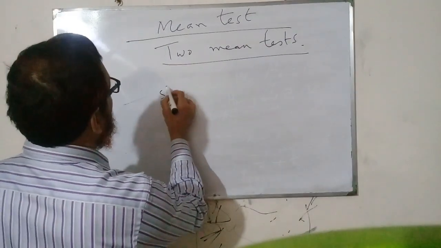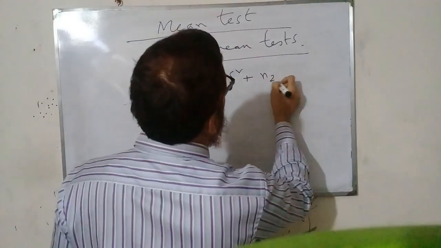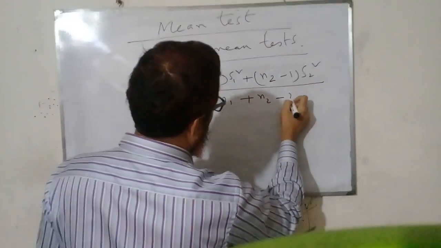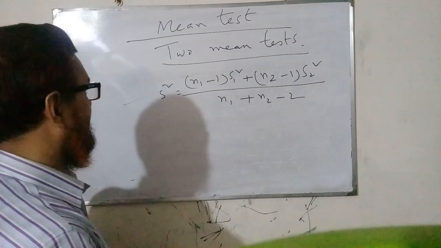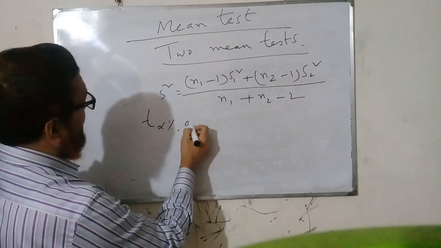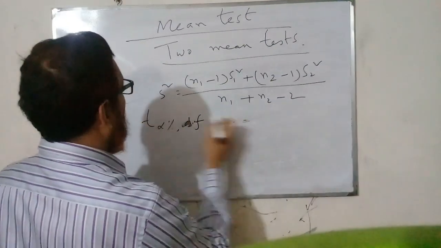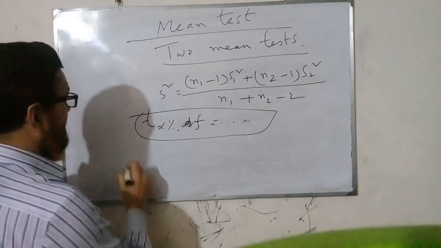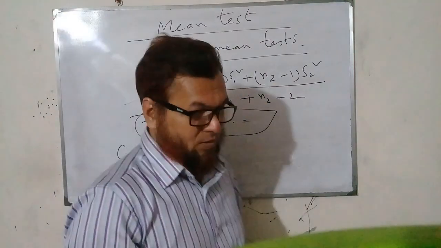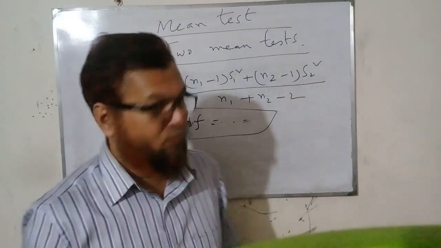Here s square equals ((n1 minus 1) s1 square plus (n2 minus 1) s2 square) by (n1 plus n2 minus 2). From the t table at alpha percent and the degrees of freedom we get the value, and then comment: if calculated t is greater than tabulated t at the 5% level of significance, we may reject the null hypothesis, otherwise accept it.